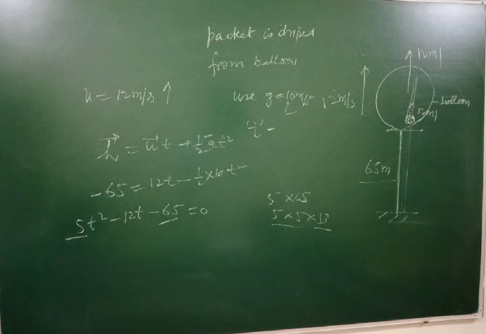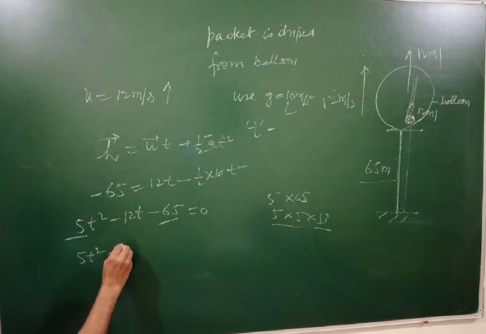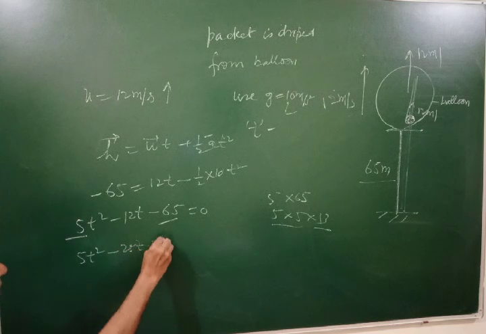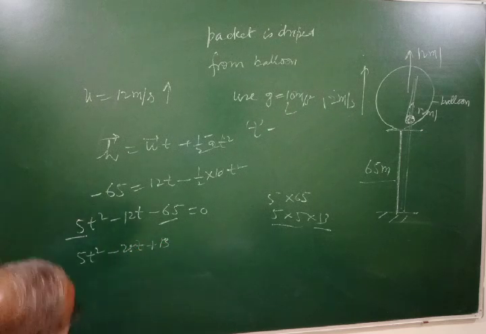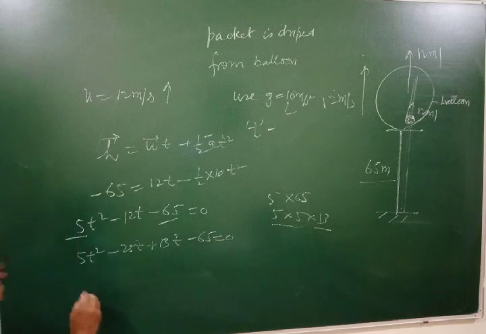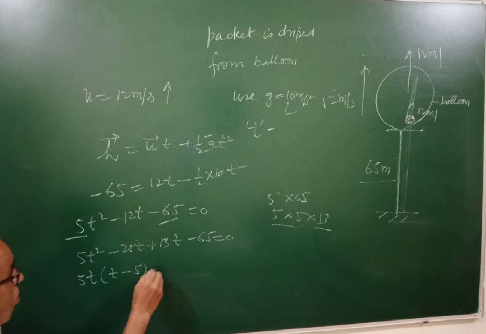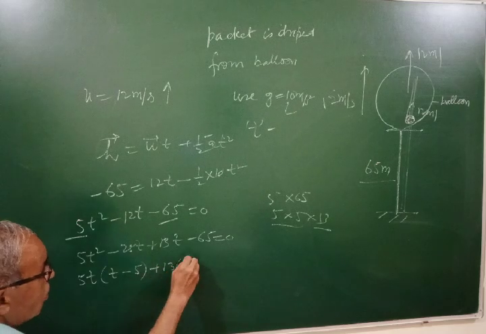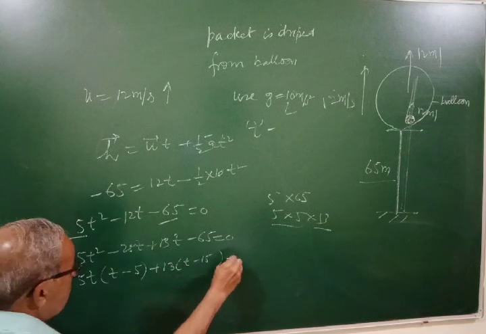So you can write 5t square minus 25t plus 13t minus 65 equal to 0. So you take 5t common, t minus 5, plus 13 common, t minus 5.